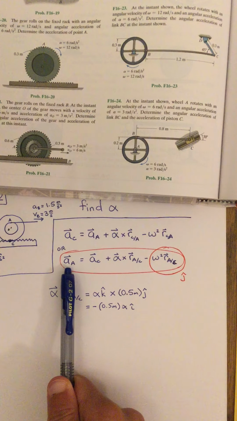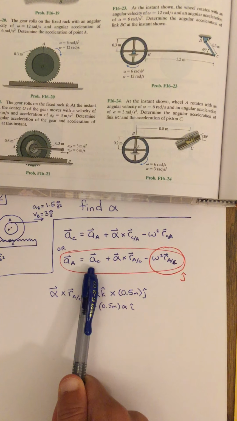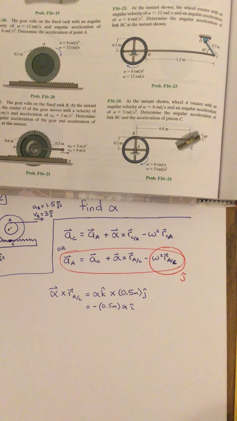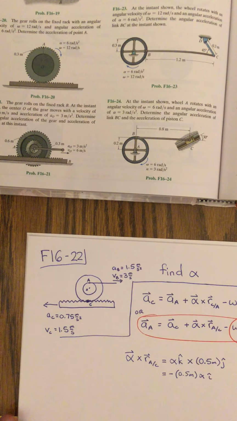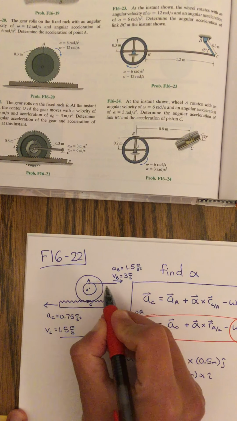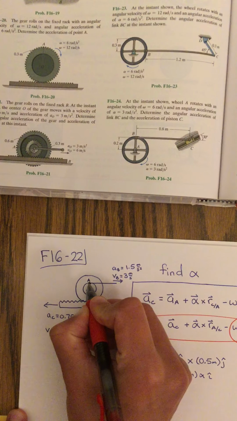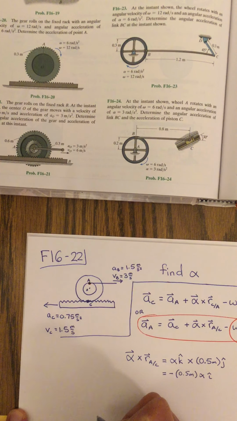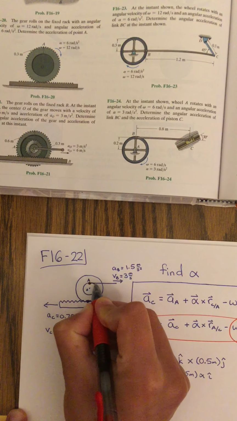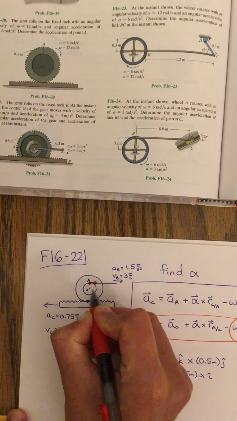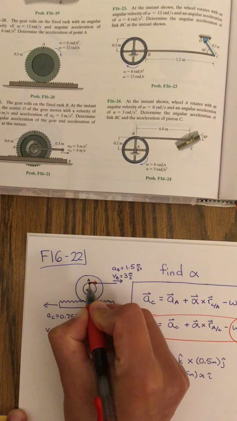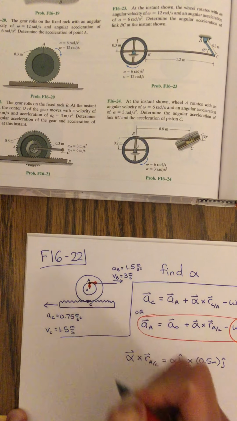I have the acceleration of A and the acceleration of C. Now I have to be careful here, because if they give me the acceleration of the rope here, and this point A is a point on the gear, not only does it have tangential acceleration pointing this way, it also has a component pointing in towards the center of the wheel.